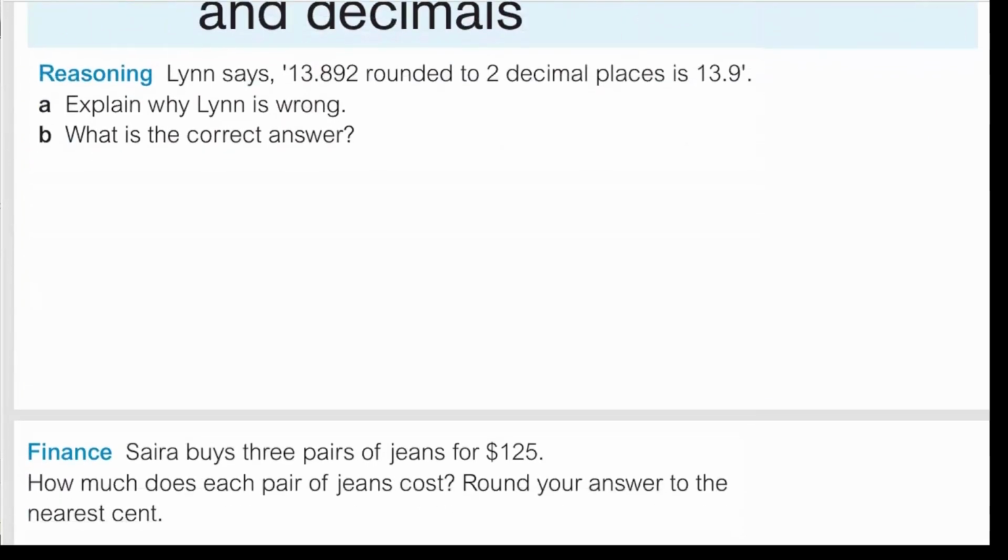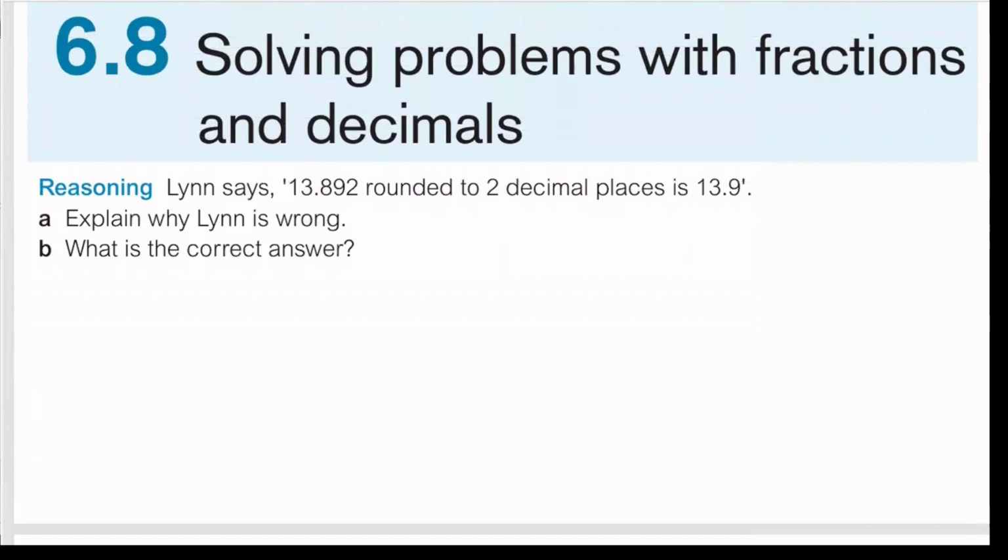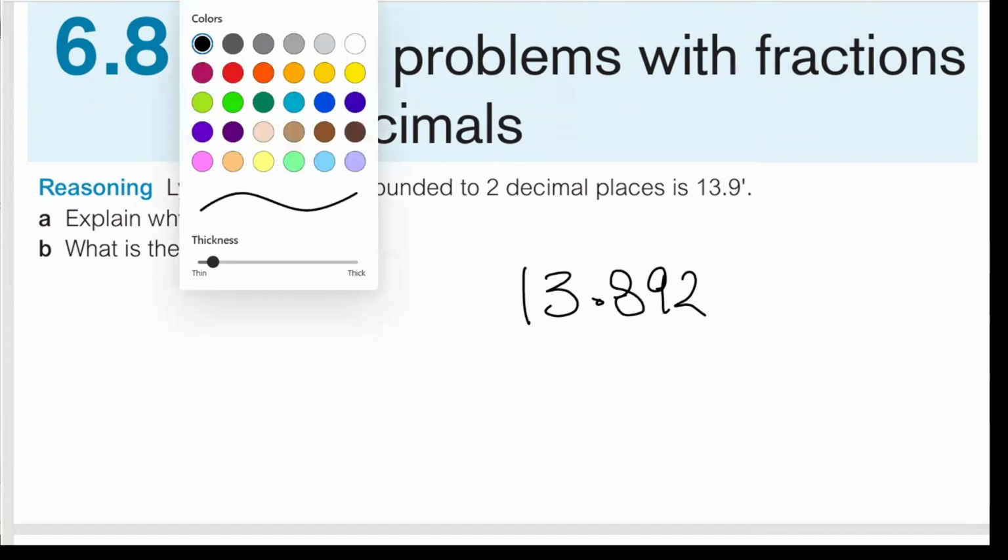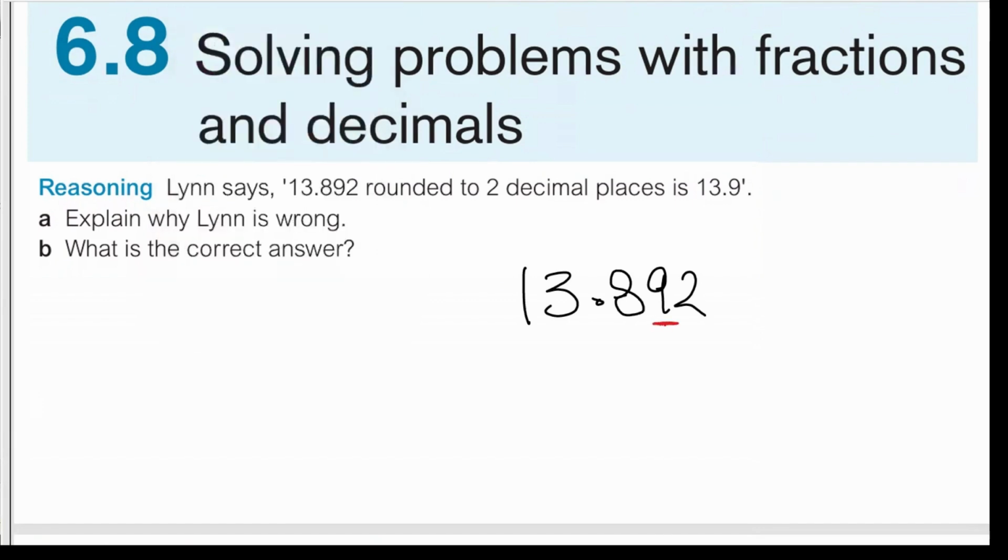Now, to solve problems, which is our last topic, you have to be able to read them correctly. So, 13.892. Now let's read. Lynn says that 13.892 rounded to 2 decimal places is 13.9. Let's see this.